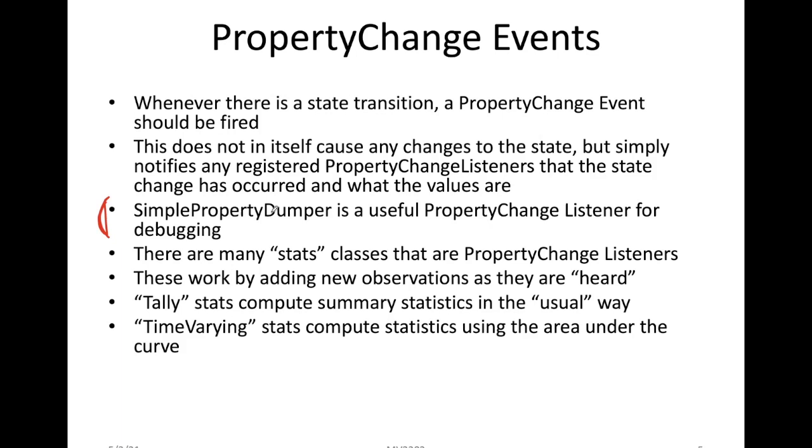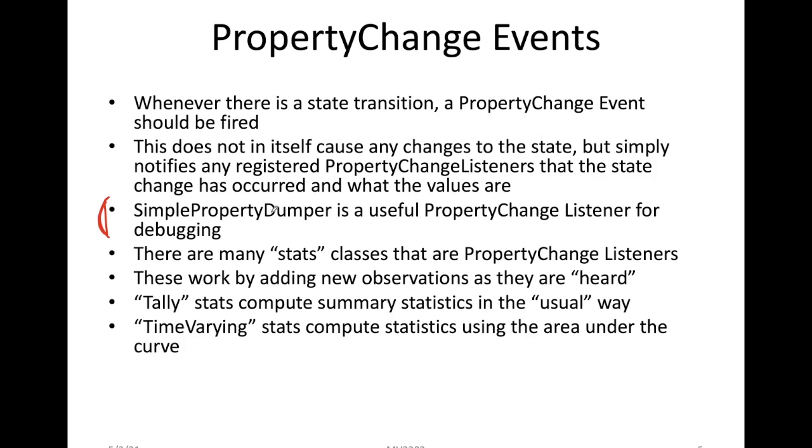I run it for hundreds of thousands of time units, and then I look at my output, and maybe my output doesn't look right. Maybe I run it for 100,000 time units, and my average delay in queue is 0. Now, that sort of could happen, but is unlikely in most of the models that we look at. So that means that something is off a little bit. So I need to go back to debugging mode.